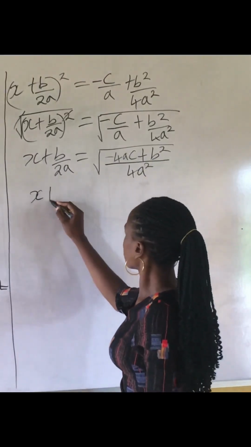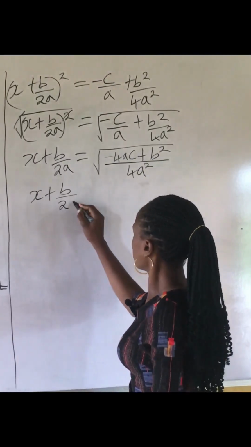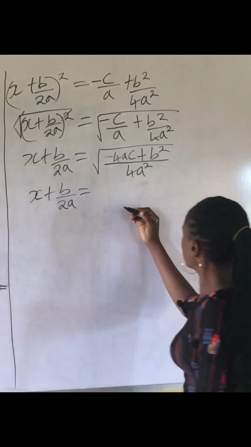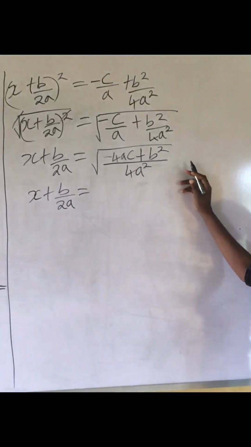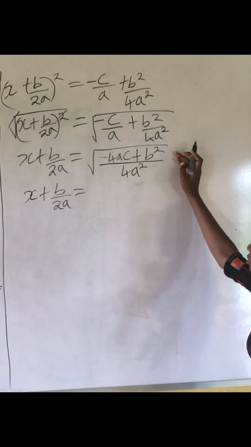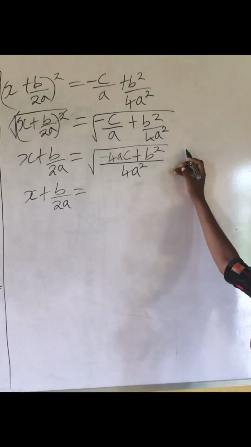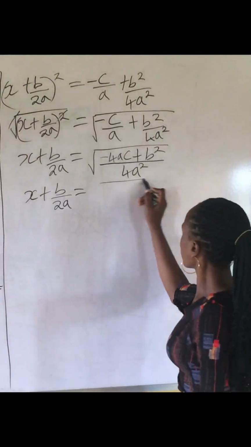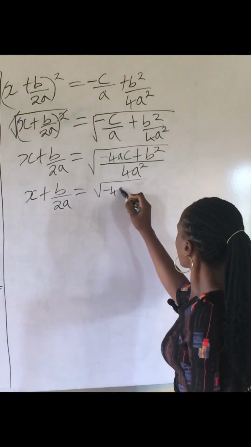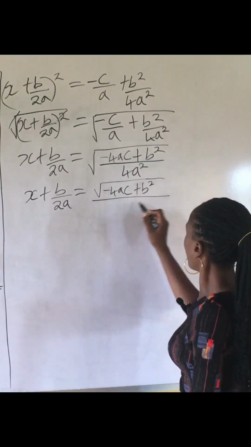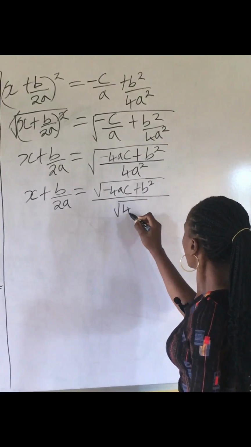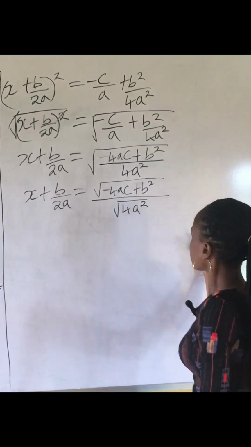Then x plus b over 2a would be equals to, we can still simplify this further. And how do we do that? We can simplify further by taking the square root of the numerator and also the denominator. So that will be square root of minus 4ac plus b squared over square root of 4a squared.